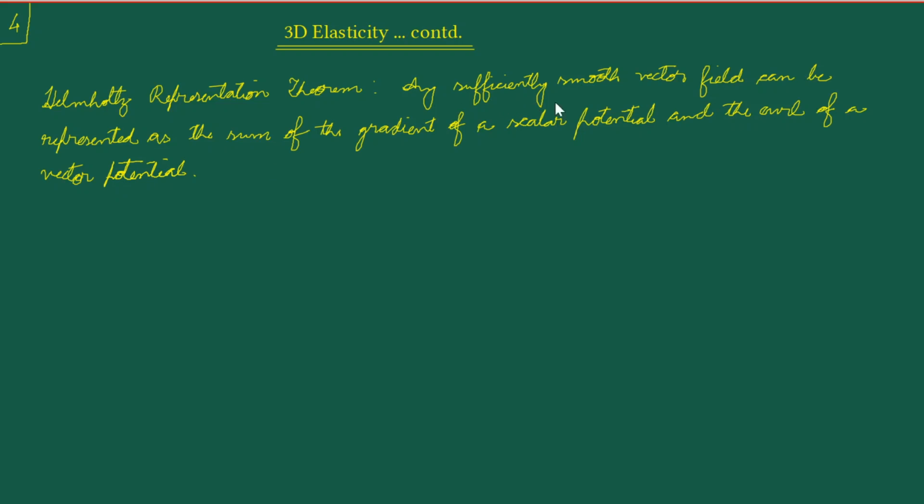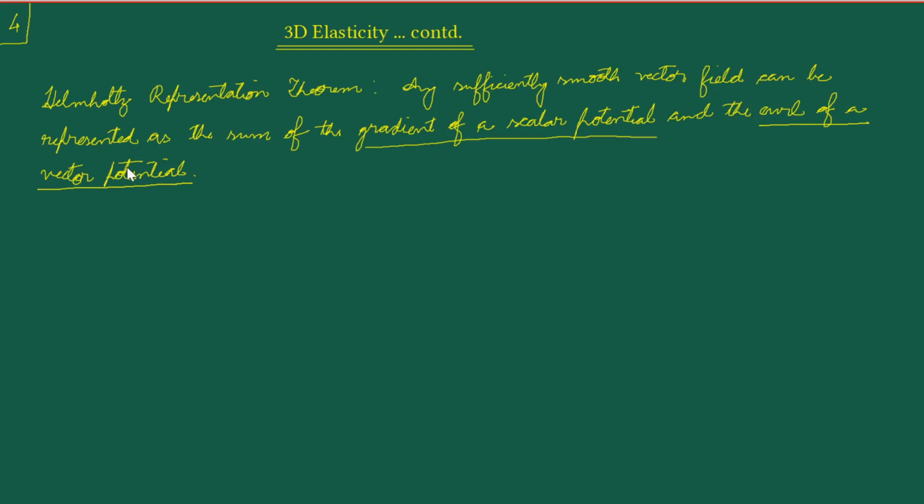So this part, any sufficiently smooth vector field, is giving us an indication that it should be properly differentiable. So, sum of the gradient of a scalar potential and the curl of a vector potential.